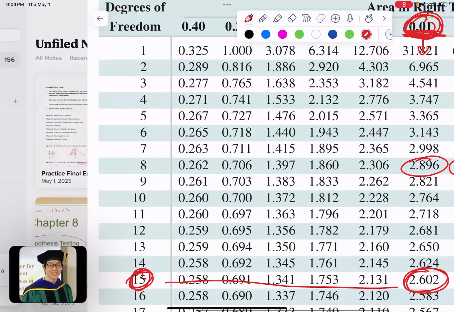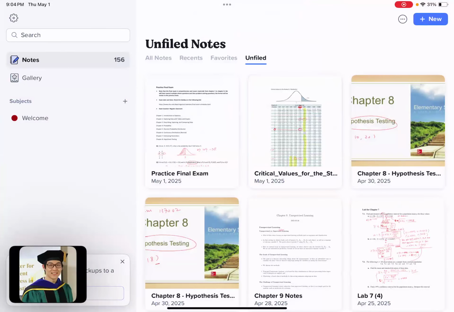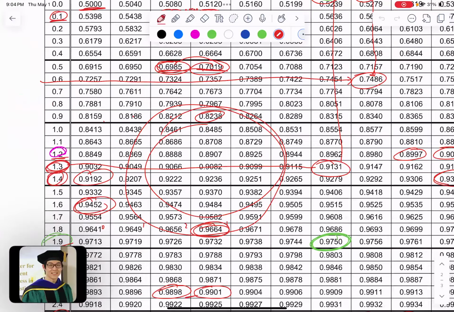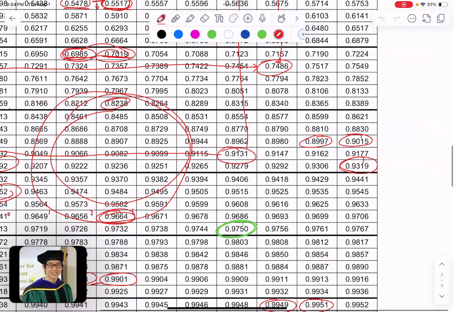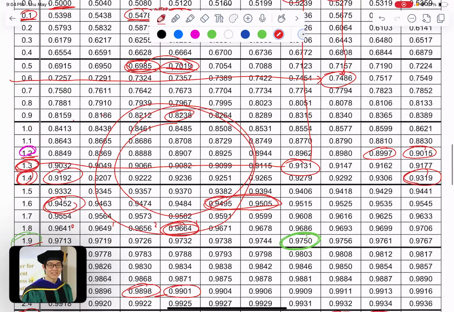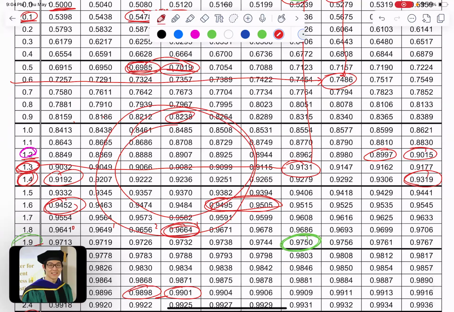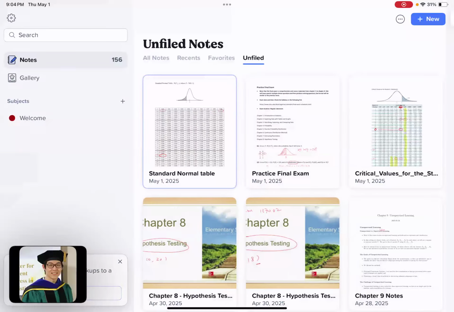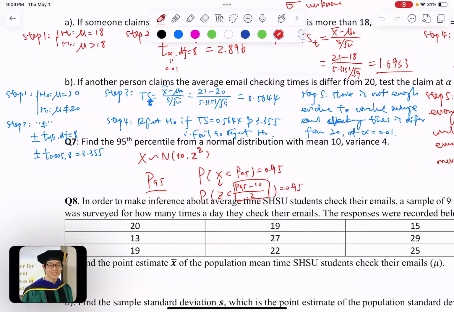0.95, backwards. We need a standard normal table. Where's 0.95? Right here, right? So 1.645. That's backwards reading.